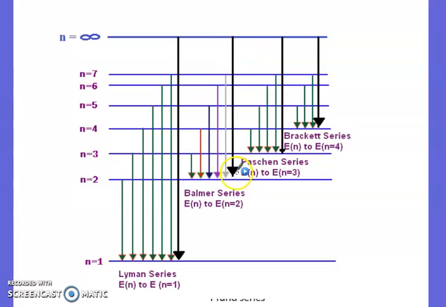From infinity to 2 you obtain, as we observed in the example, 365 nanometer ultraviolet. Now Paschen, 4 to 3 or 5 to 3 or 6 to 3, etc. to infinity to 3, you obtain the Paschen series and so on. Okay?